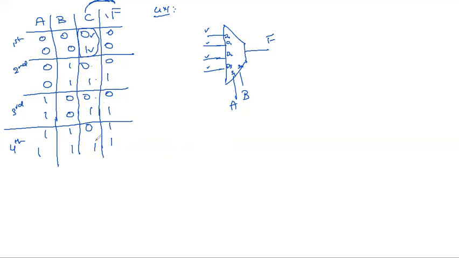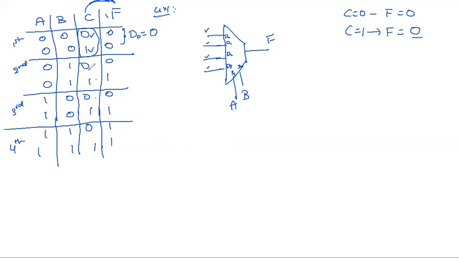Whatever C, output is 0. C is equal to 0, F is equal to 0. When C is equal to 1 also, F is equal to 0. Means D0 is equal to how much? Always 0.